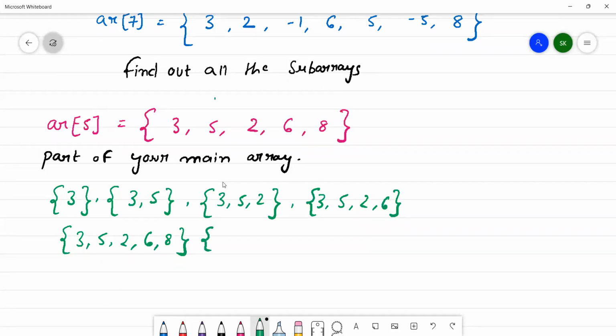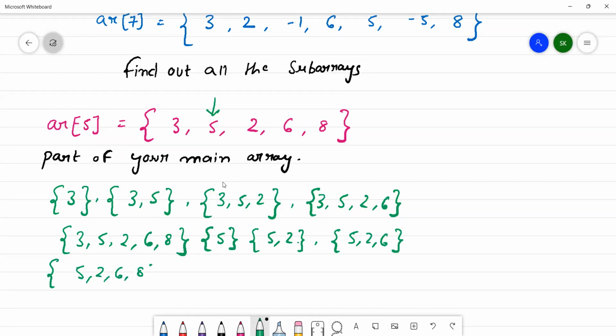The next subarray possible is 5 individually. Next, it can be 5 and 2. Next, 5, 2, 6. Then 5, 2, 6, and 8. You must be noticing that I am not jumping. If I took 3, then I took the continuous numbers 5 and then 2.